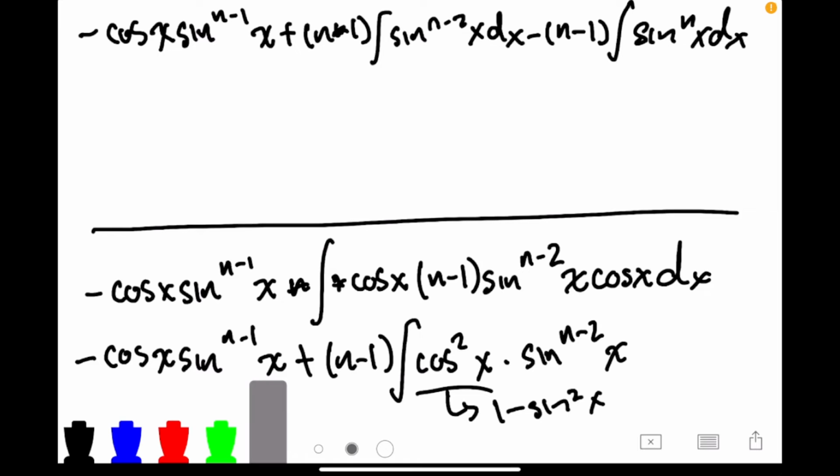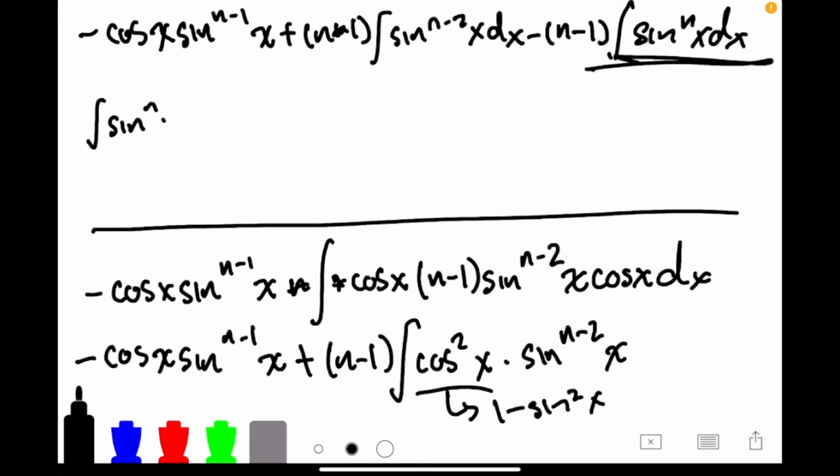So after that, you finish integrating this entire thing. Well, here we're kind of in a predicament, because this is our original equation, right? This sine n of x. So what we can do is, this is what we started with, right?